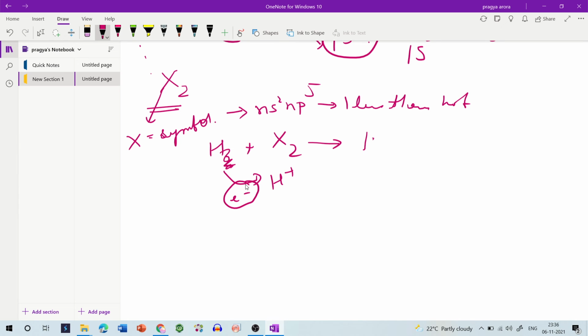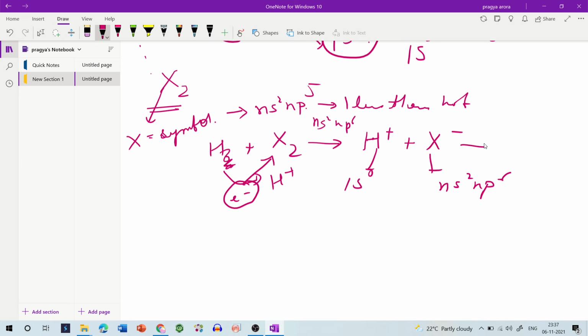That electron will be gained by the halogen to complete its octet. It has np5, now it will convert into ns2 np6. So it may form H plus and X minus. Now the halogen's electronic configuration is ns2 np6 and hydrogen's is 1s0.